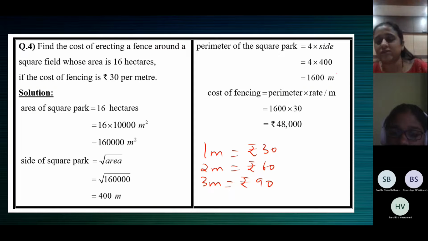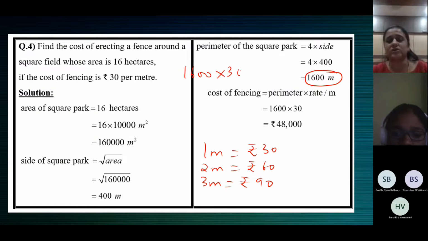But what is the length of your fence? 1600 meters. This is the length of your fence. So then you should pay him 1600 into 30 rupees. 48,000 you'll have to spend for fencing.